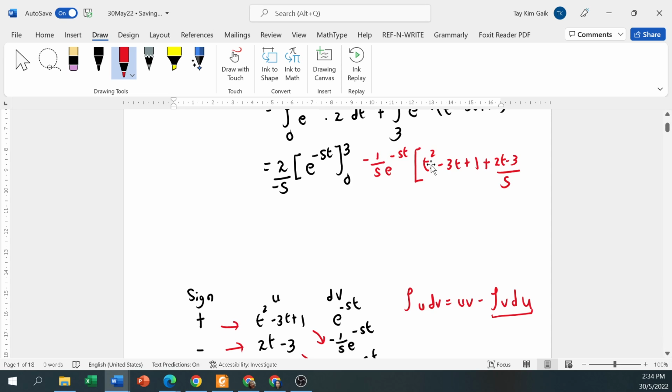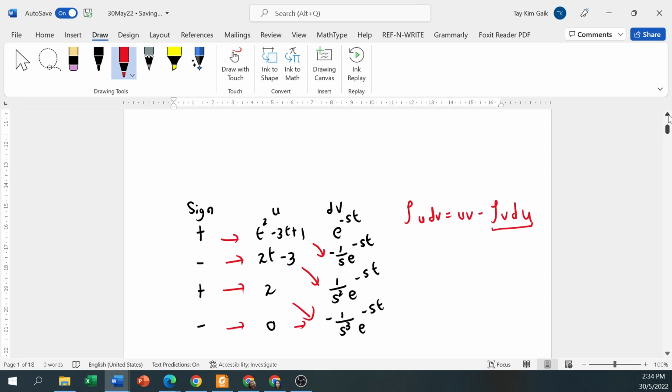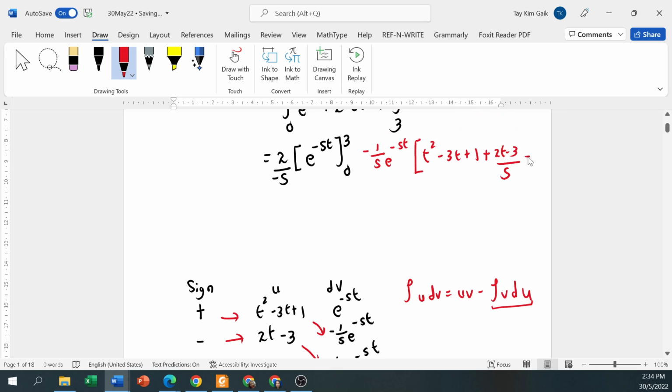This term is divided by s squared. And the last term, you have negative 2 over s cubed. I already factored out negative 1 over s, so we are left with negative 2 over s squared. Okay, put in the limit from 3 to infinity.